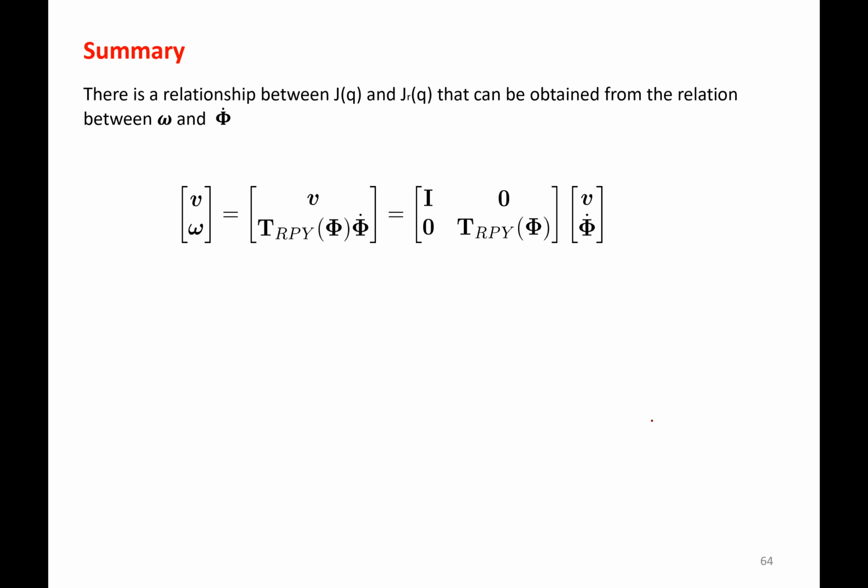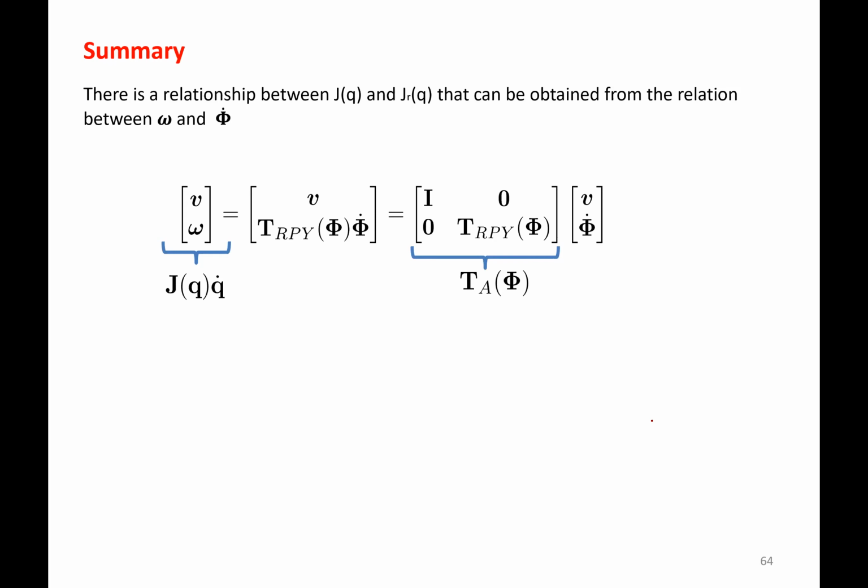And then we can transform between the analytical Jacobian and the geometric Jacobian using this expression. On the left side, we have the relation between the joint space velocities times the geometric Jacobian.